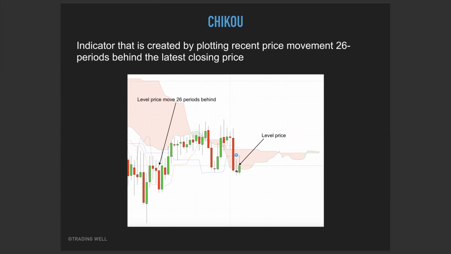Here the close of this candlestick is the same as this point of the Kiku. This is the same as that, and so here, here, here. So every close of a candlestick plots a point of the Kiku.